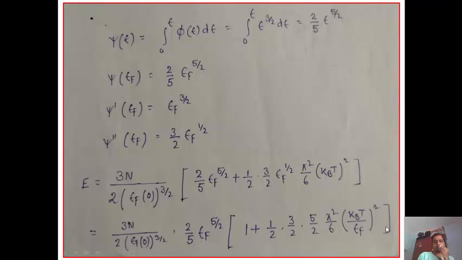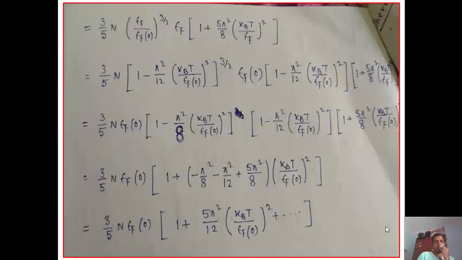All these values we get from the integration. And putting all these values here, we are putting the epsilon f by epsilon f that we got in earlier slides, that epsilon by epsilon 0, this epsilon f to the power 3 by 2, and epsilon f we are putting this value here also, and 1 plus 5 pi square.